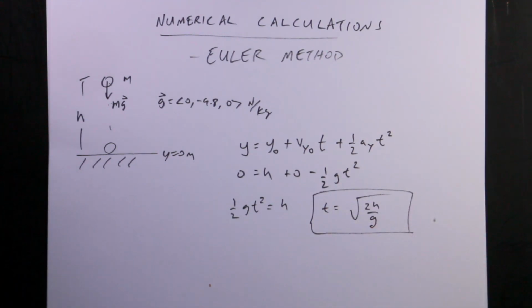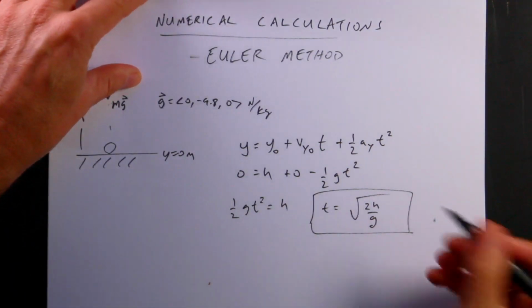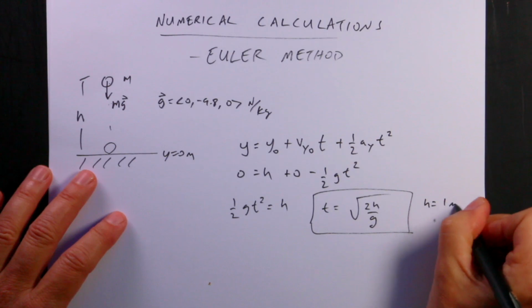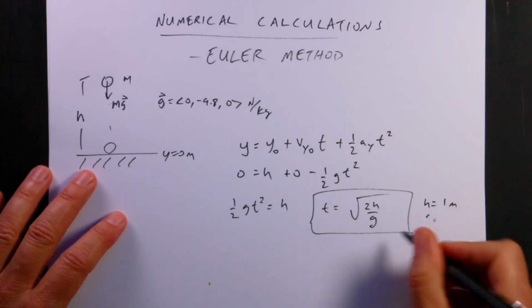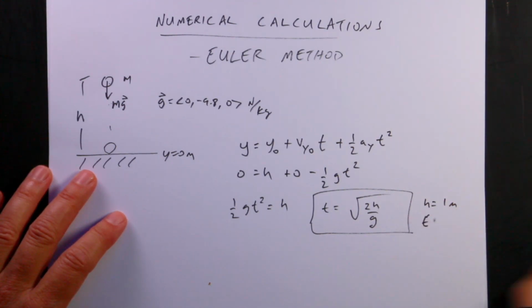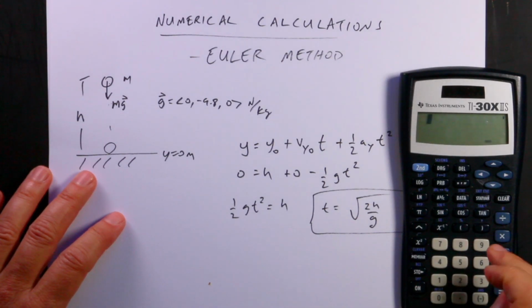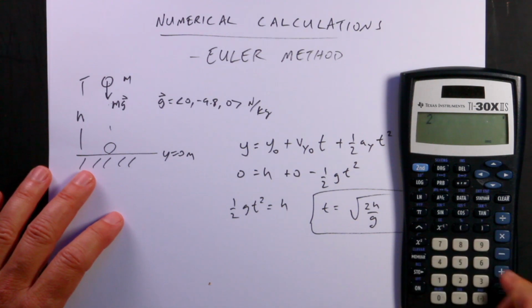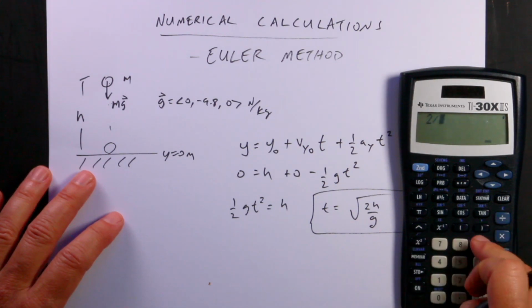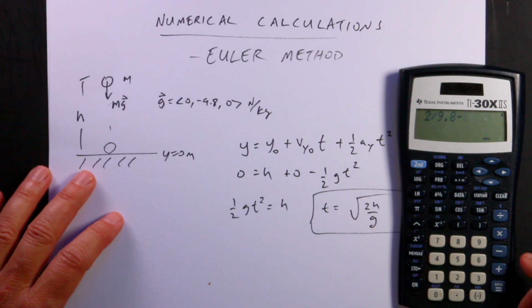Okay. Now we're going to do the problem again. We already know the answer. I can put in h equals 1 meter and my value for g. Let's just go ahead and get the time. I actually have a calculator today. Look at that. Let's see. Turn this on, and I'm going to say 2 times 1 divided by 9.8. Oops.